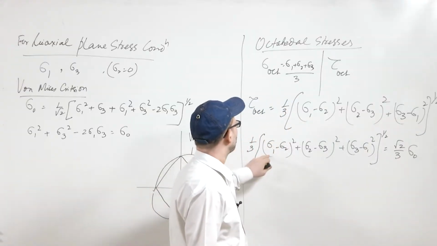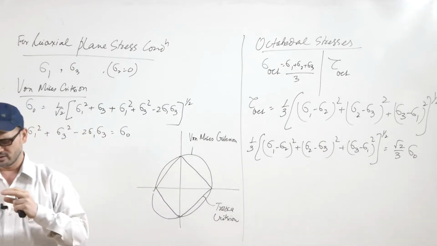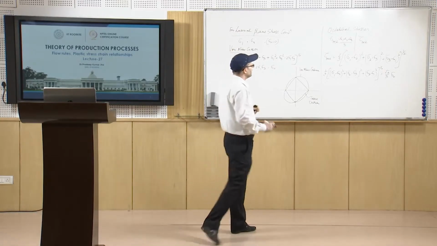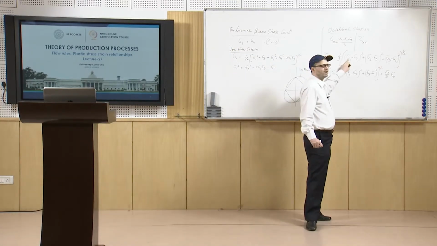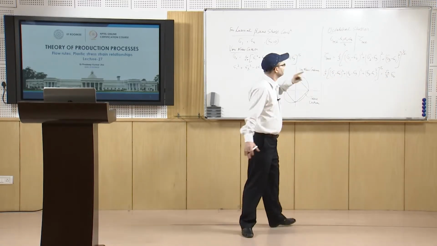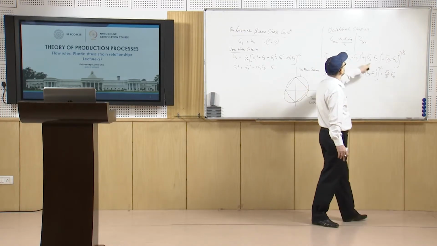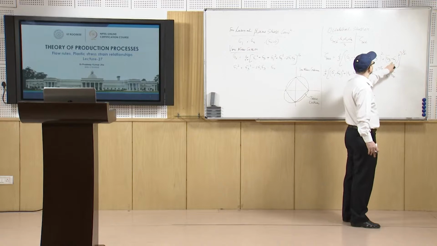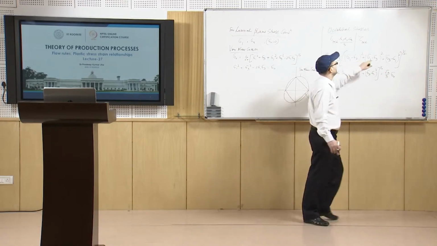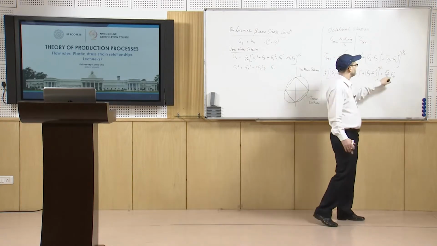Now, if you take the uniaxial tension test case, sigma 1 will be equal to sigma naught, and sigma 2 and sigma 3 will be 0. If you put that in, you get sigma naught square plus sigma naught square under the root, so root 2. That is why root 2 by 3 sigma naught has come here.